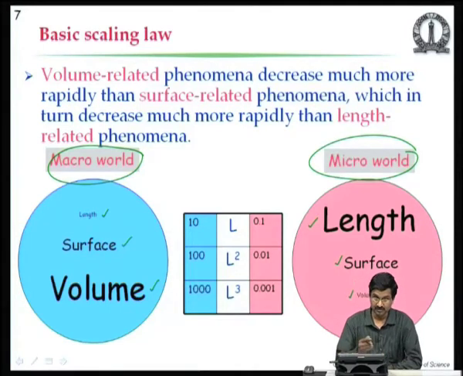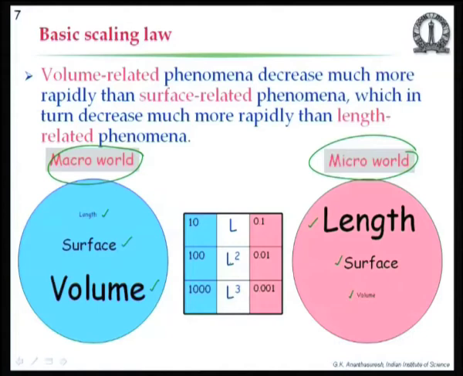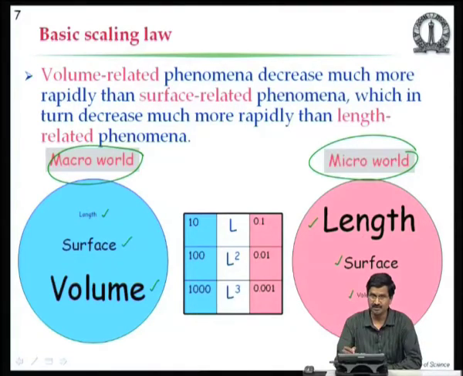Okay. So, the way to see is that length is L, surface is L square, where L refers to the size, and L cube refers to volume. If there is a large number, 10 becomes 100 becomes 1000 for volume, whereas if it is 0.1 it becomes 0.01 and 0.001.